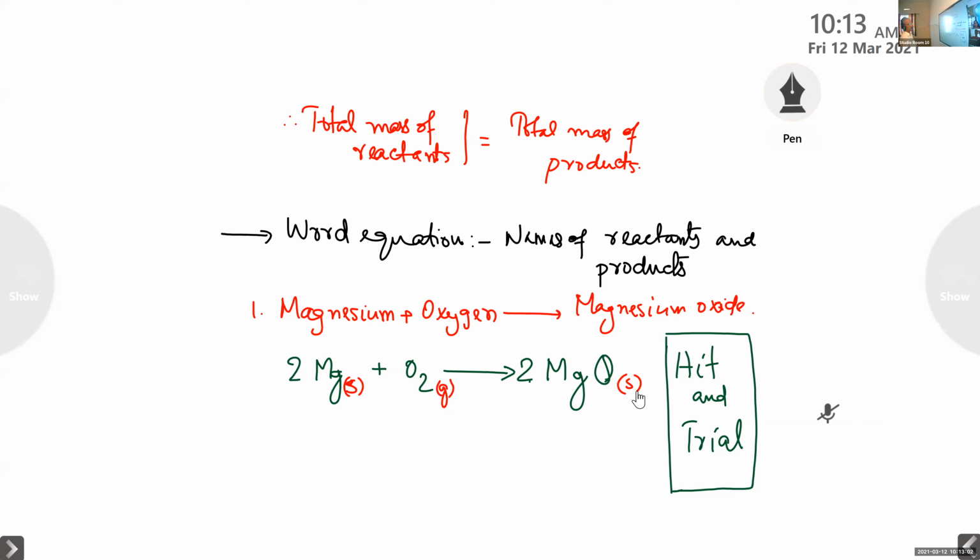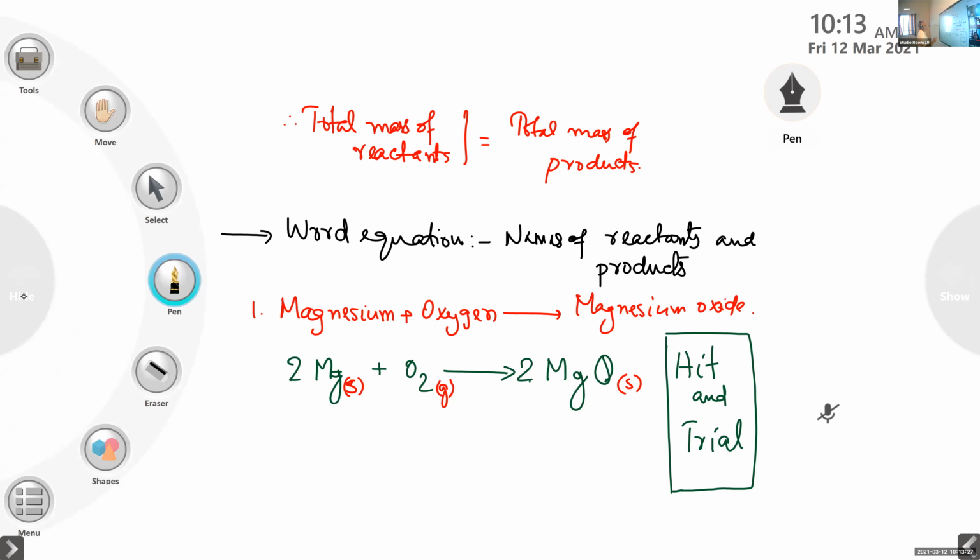It is not compulsory to write the state symbols. If it is asked, you have to write it. Similarly, if the word equation is asked, you can write the word equation. Otherwise, you need not write it. You simply write the symbols and formulas. Okay. Let me take another example for balancing the equation.